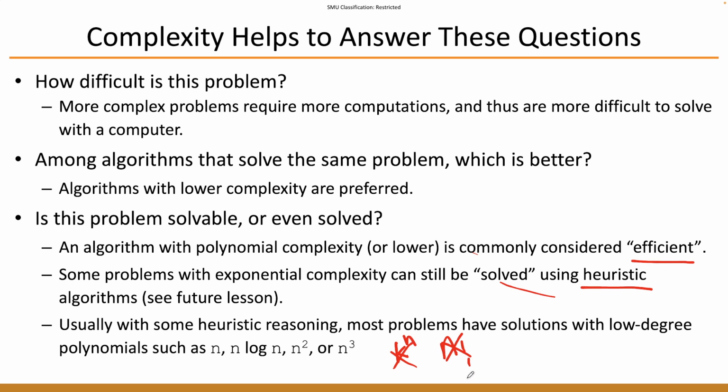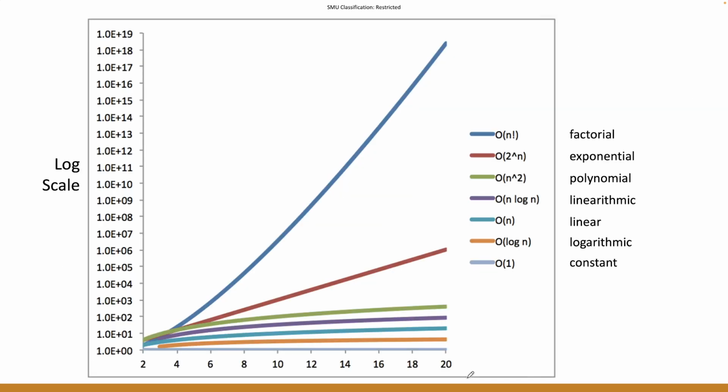If you want to visually see why these last 2 classes are really not very feasible, not very scalable, just look at this plot over here. On the y axis, this is log scale. Every increase of one tick means that you are increasing the number of operations by 10 times.